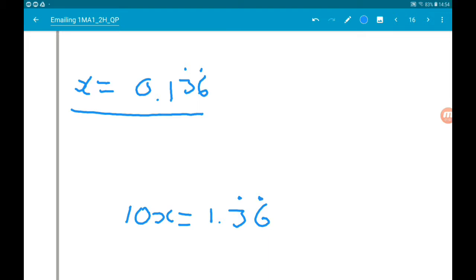Now we need another number with exactly the same recurring decimal. So we need to move the decimal point 2 places to the right. So to do that, we're going to multiply both sides by 100. So we get 1000x is 136.36 recurring.